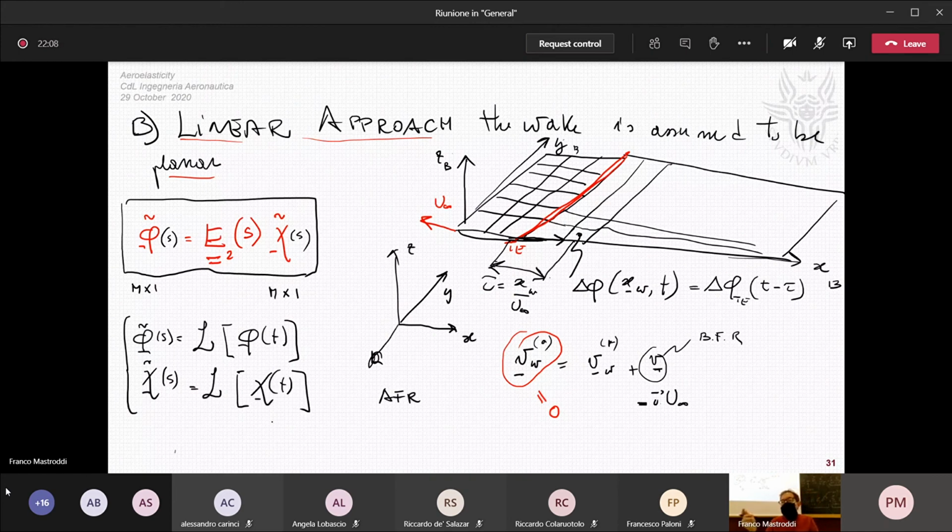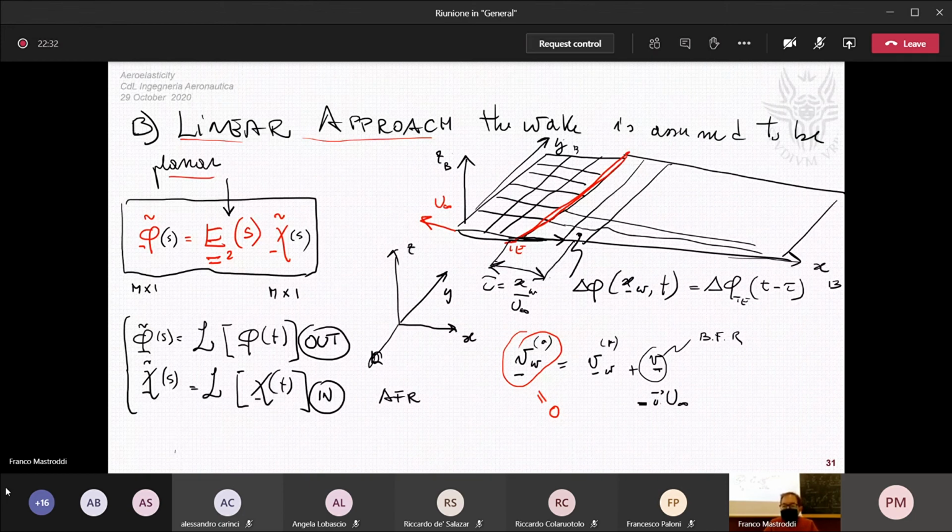And what about the connection, the system relationship between this input and this output? The connection is given by this matrix. And now we want to determine this matrix. Okay?